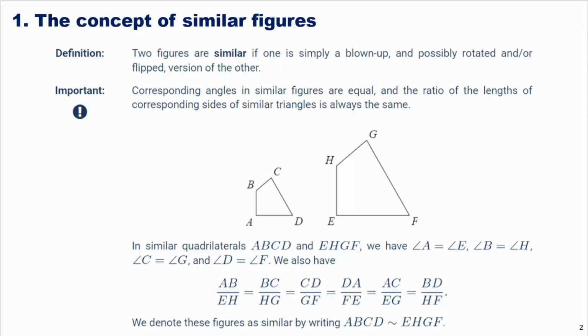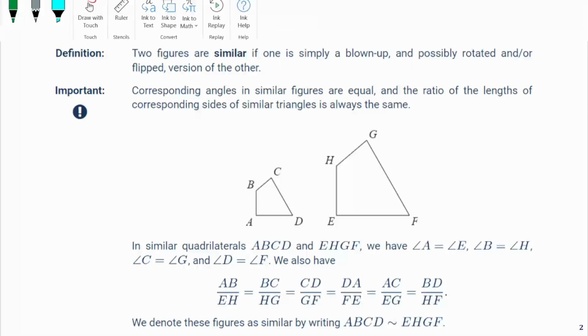For example, in similar quadrilaterals ABCD and EHGF, corresponding angles are congruent, so angle A equals angle E, angle B equals angle H, angle C equals angle G, angle D equals angle F. Corresponding sides are proportional, so the following ratios are all equal. Also, we denote these figures as similar by writing ABCD is similar to EHGF. We'll use this notation to denote that two figures are similar.